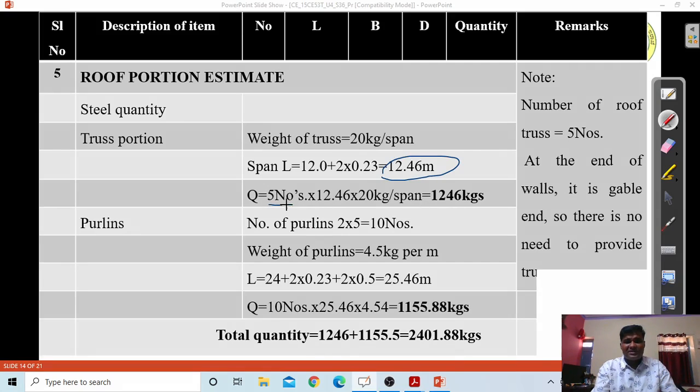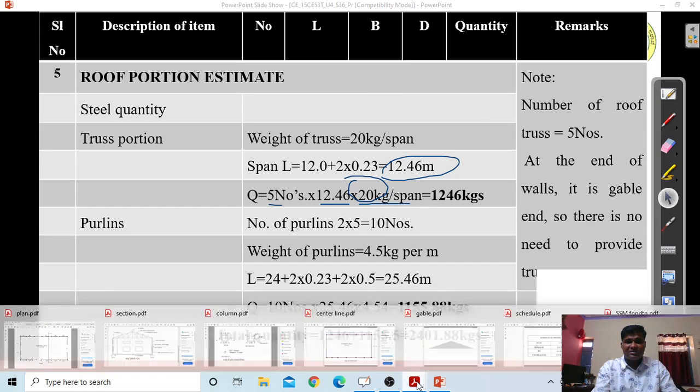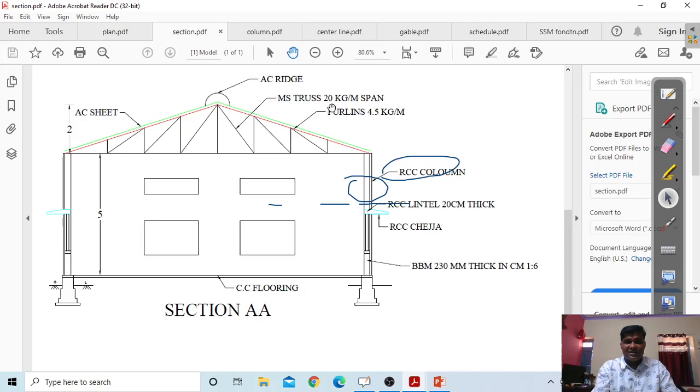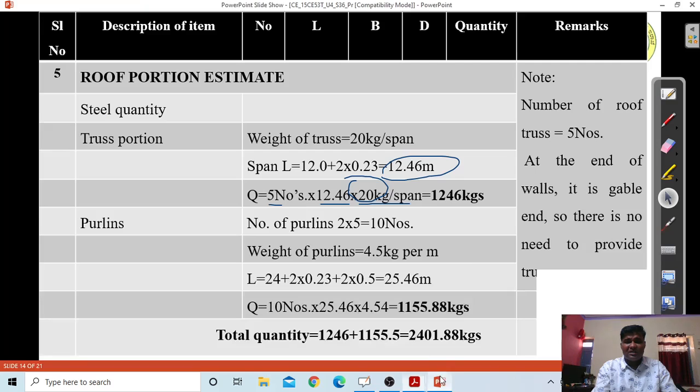There are 5 numbers into 12.46, and for each meter it is 20 kg, which is provided in the section. In the section you can see 20 kg per meter is provided. I am going to get 1246 kgs of steel for the truss portion.